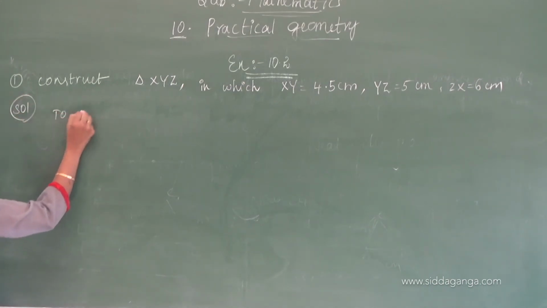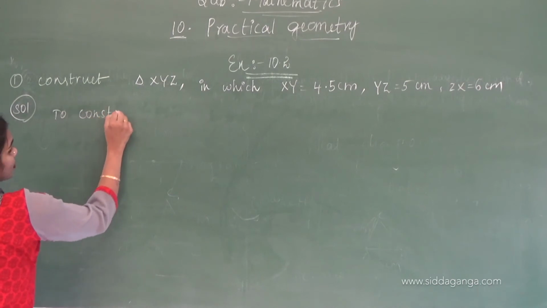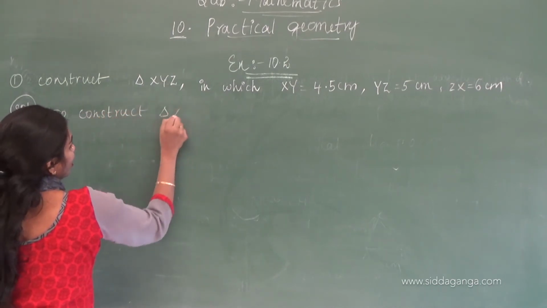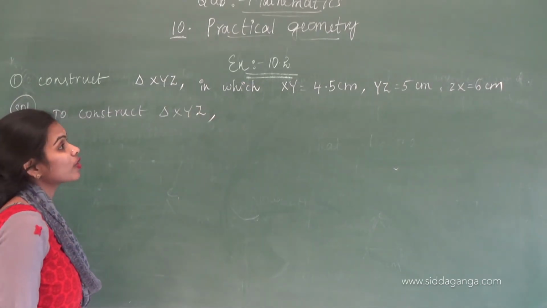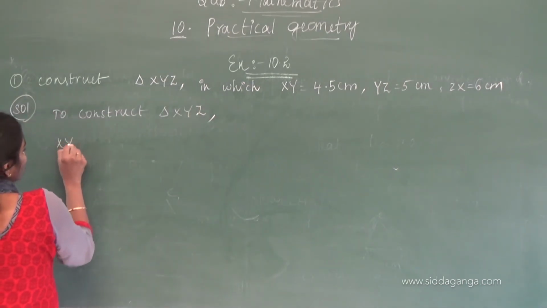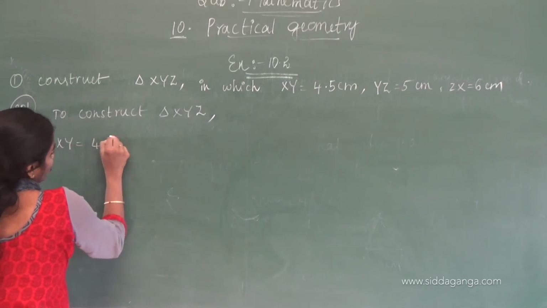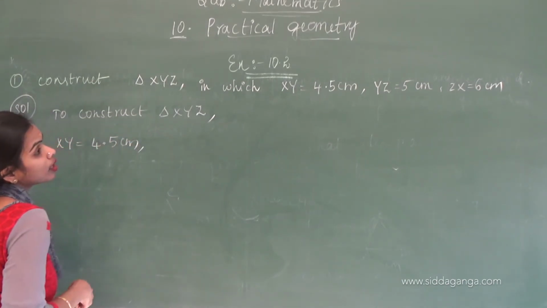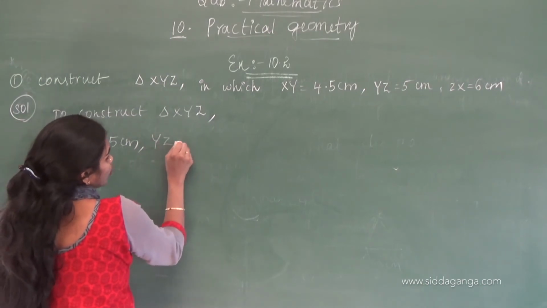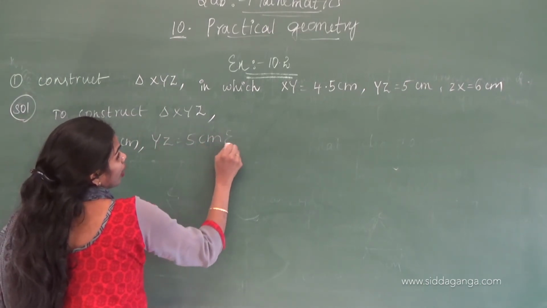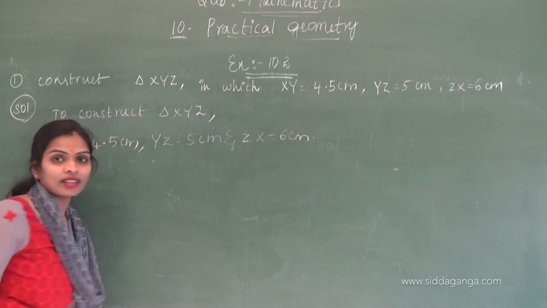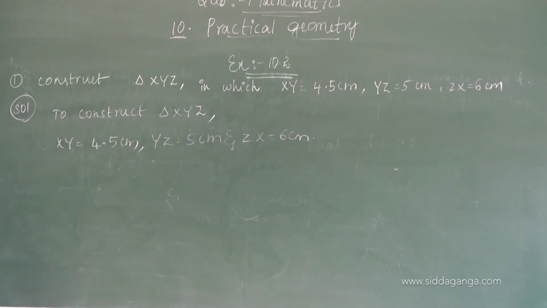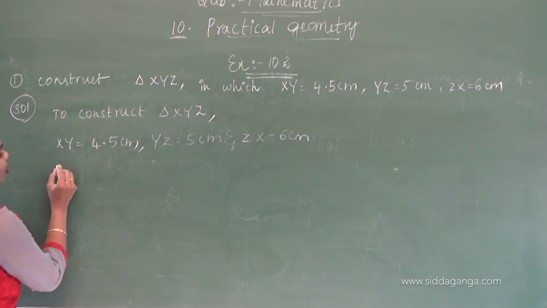To construct triangle XYZ, you have to write the measurements: XY equals 4.5 centimeters, YZ equals 5 centimeters and ZX equals 6 centimeters. And then what is the next step?